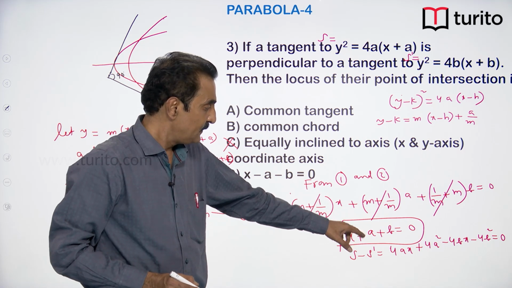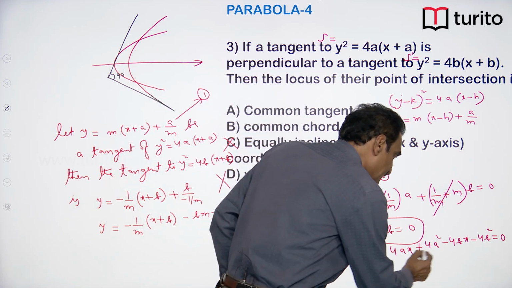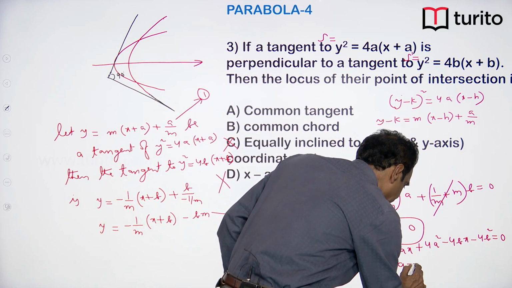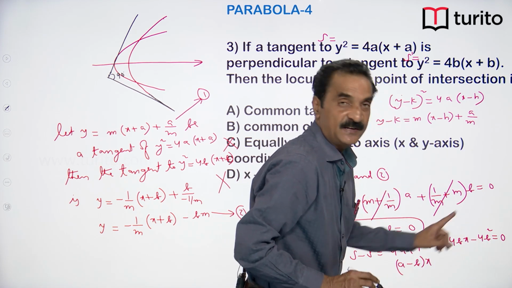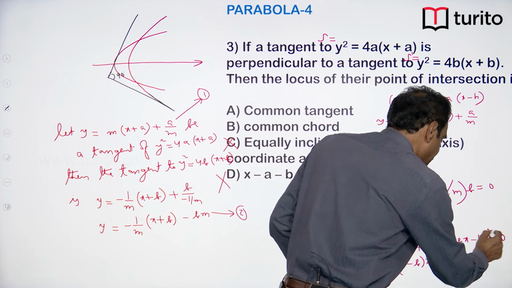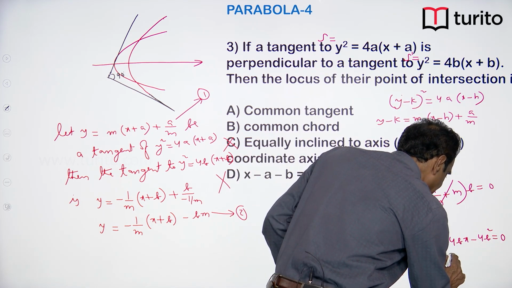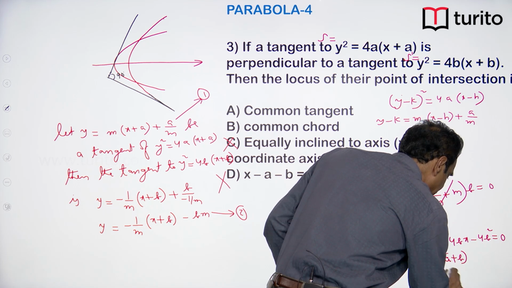You can cancel 4, then from these two you can take x common and write it as (a minus b) into x. From the other two, a square minus b square can be written as (a plus b) into (a minus b).